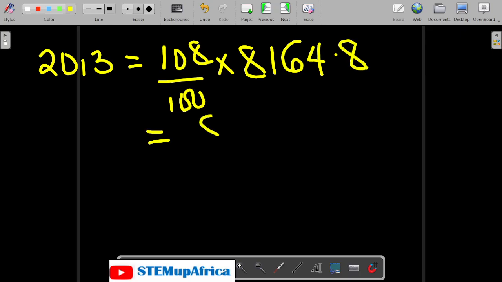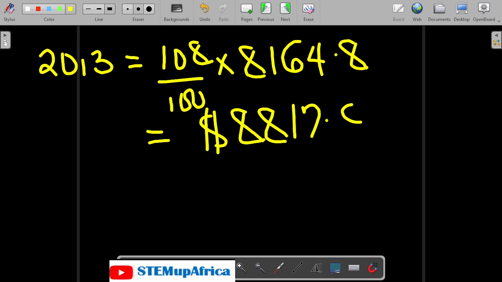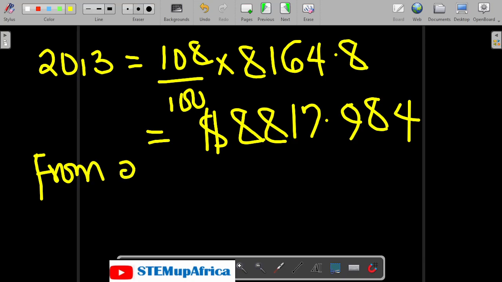If I multiply and divide, the amount in 2013 will be times 108 divided by 100. That will give us $8817.984.